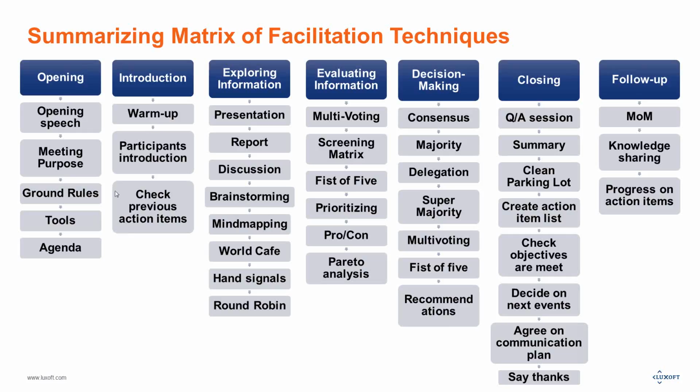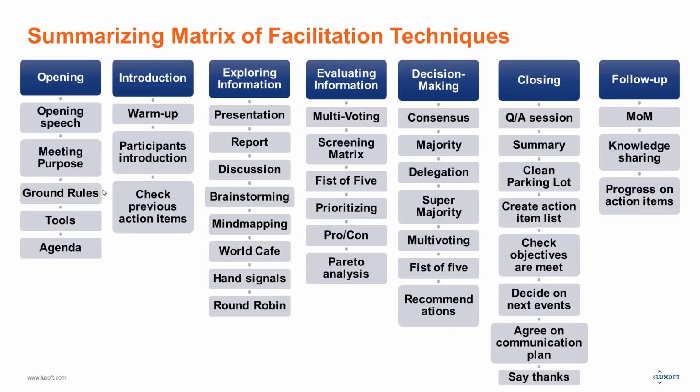Here are some activities that can be done during the opening of the meeting. You can choose the activities that you need, not use all of them at once. For instance, if it is a big town hall meeting, you can have an opening speech, and then you can define the meeting purpose, and then probably provide some information about ground rules.